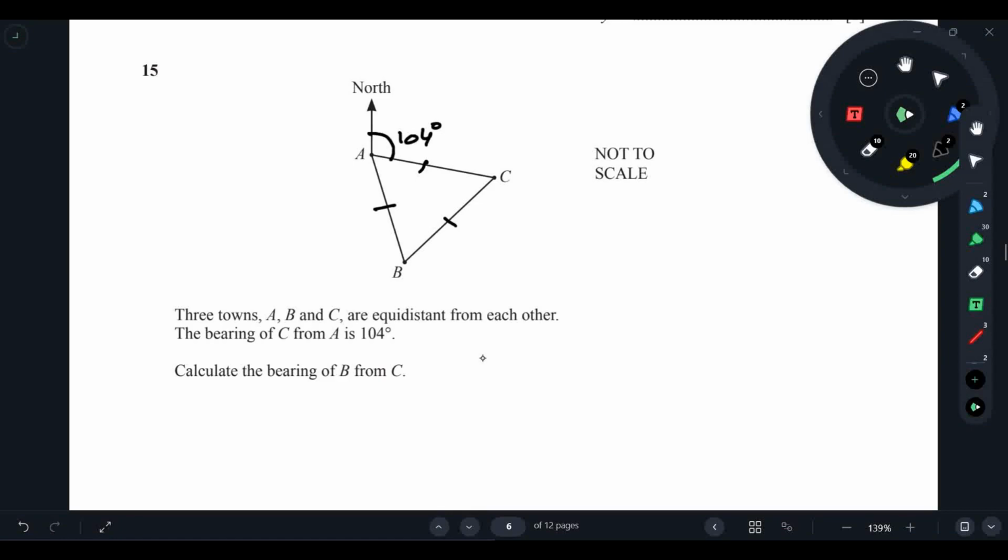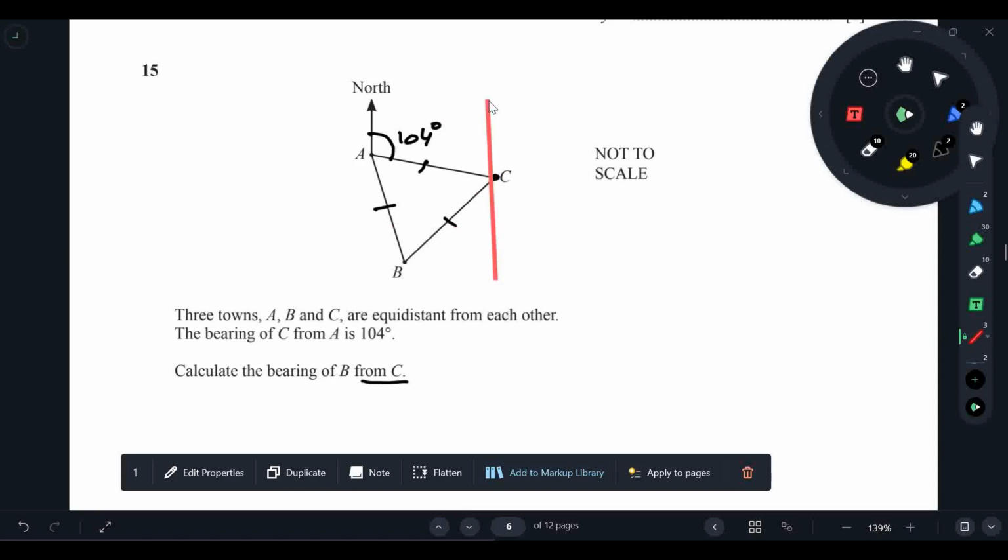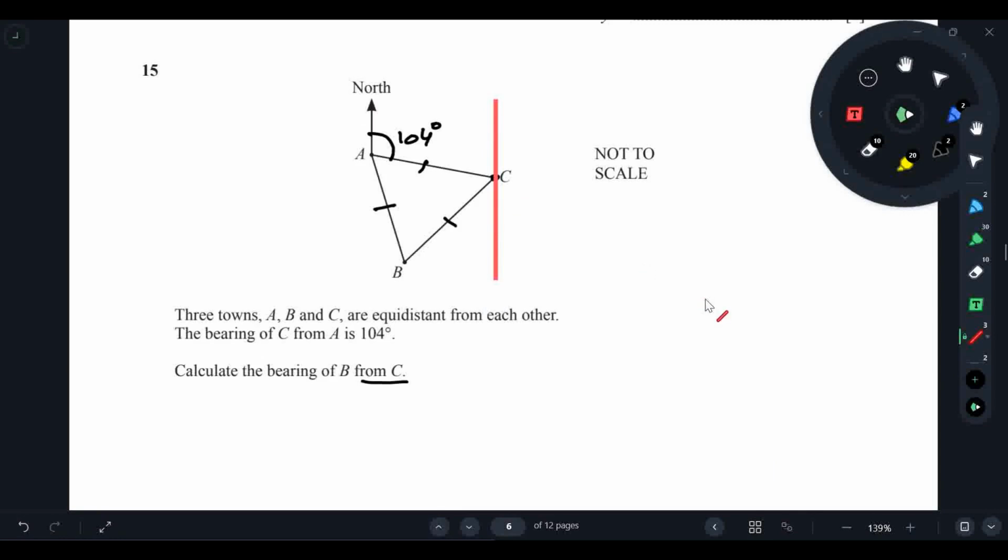Now calculate the bearing of B from C. From C means that we need to draw a horizontal line, or the north line, at point C. So this will be the line for north, and this will be the line for north. Let me write over here. Calculate the bearing of B from C.